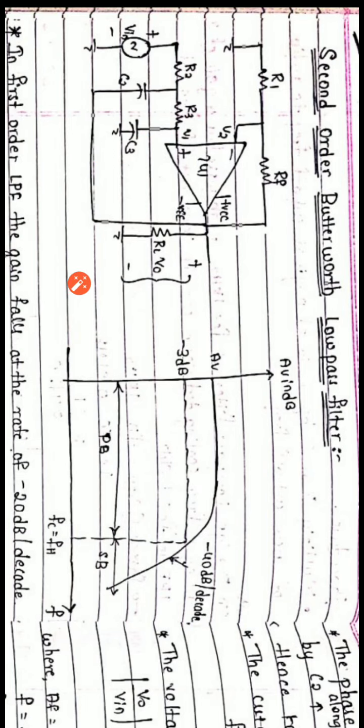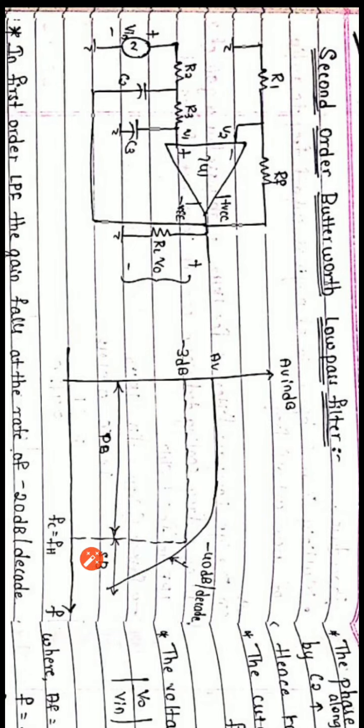When I compare this with the first order, in the first order the gain falls at the rate of 20 dB per decade, once the frequency component reaches the cutoff frequency. At that time the output voltage or gain of the op amp falls at the rate of 20 dB per decade.